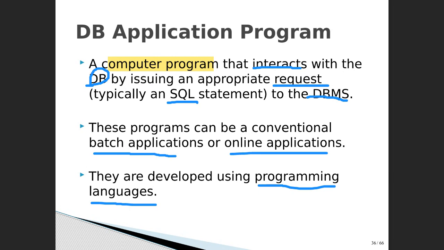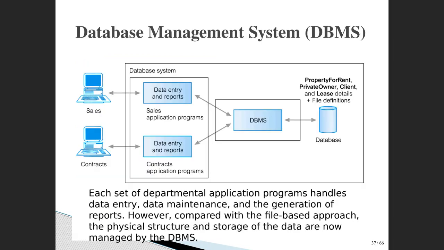And what we can see now, you are using a fourth generation programming language like SQL. This is the fourth generation. So an SQL statement is an example that you can use in order to get access to the database or interact with the database through the database management system.